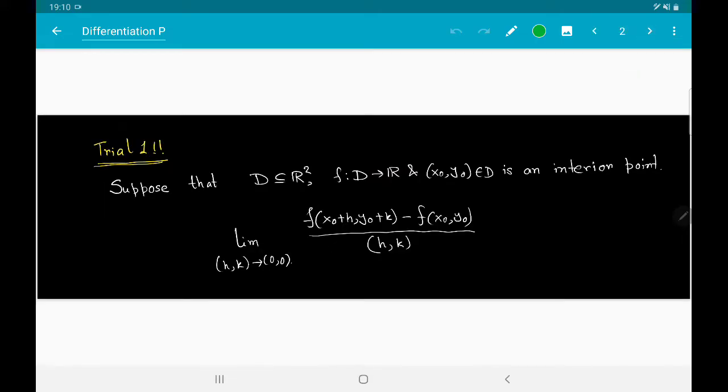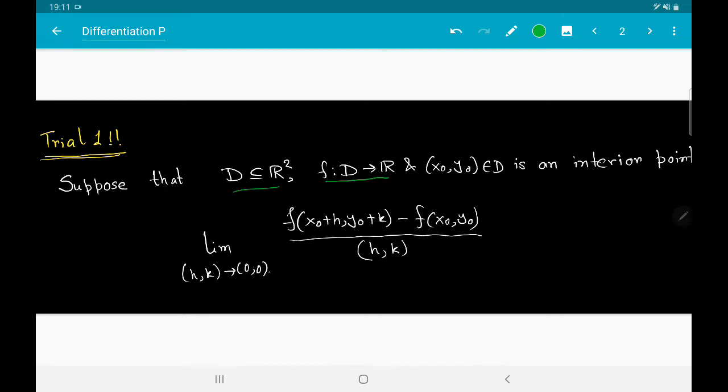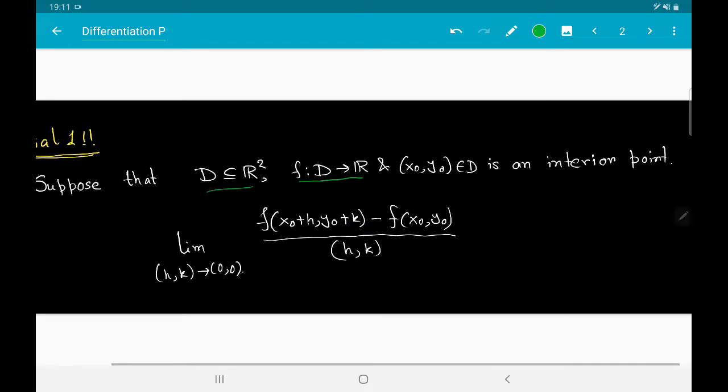So let us now talk about our first trial to this end. Suppose D is a subset of R2, which is going to be the domain of a real valued function that we are going to talk about. And as always, when we are talking about differentiability, let (x0, y0) be an interior point of the domain.